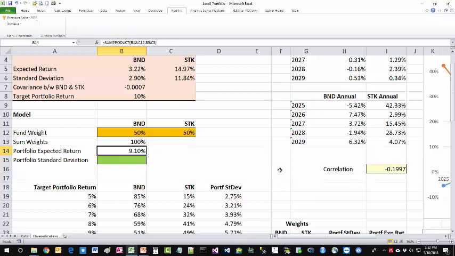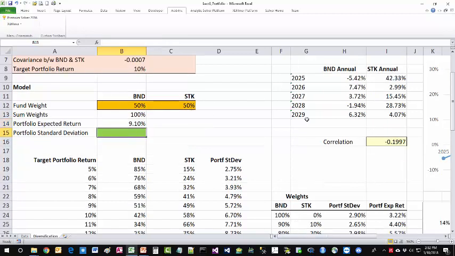Calculating the portfolio standard deviation, or variance, which is a square root away, is unfortunately a little bit more complicated, although for only two investments, the stock and the bond, it's still relatively simple. We start with the portfolio variance calculation, and we'll just take the square root of that to get the standard deviation. The portfolio variance starts first by looking at what piece of the overall portfolio risk comes from the individual securities, in this case the bond and the stock.